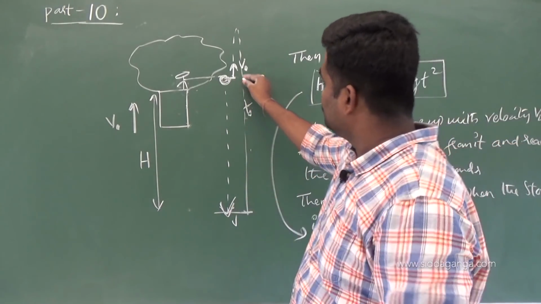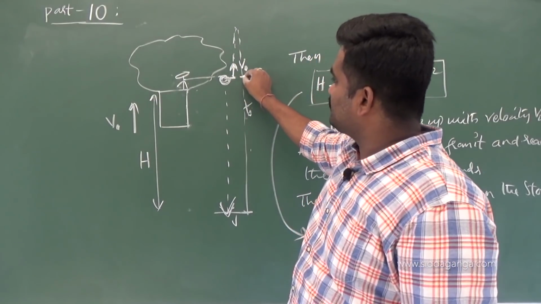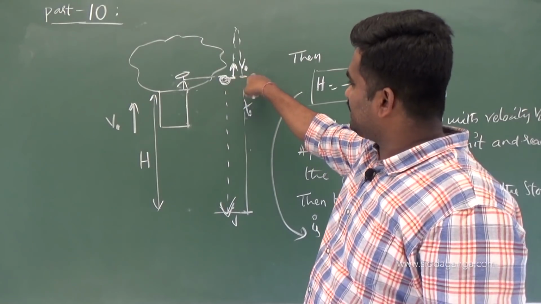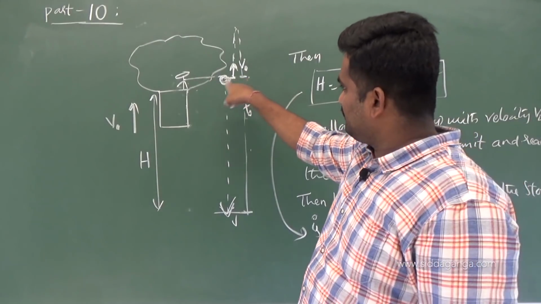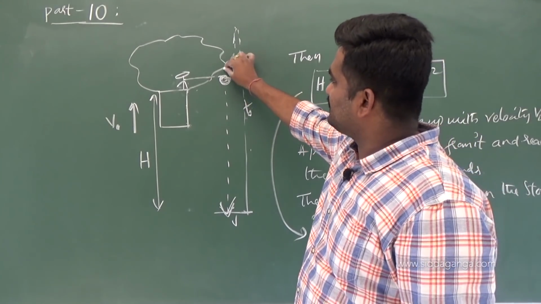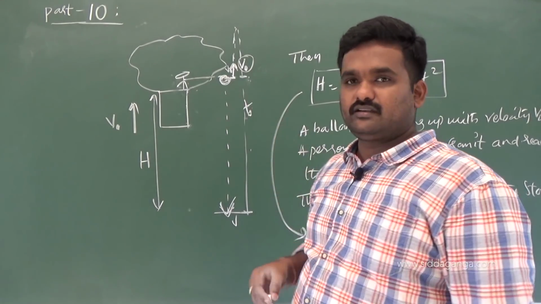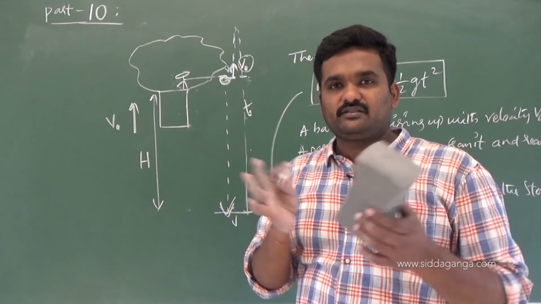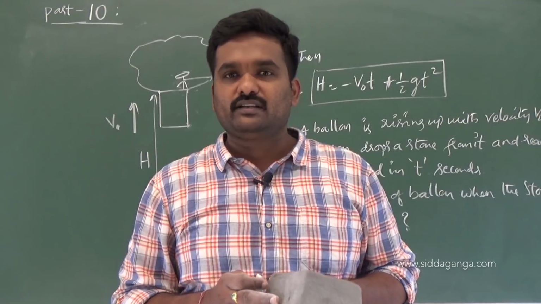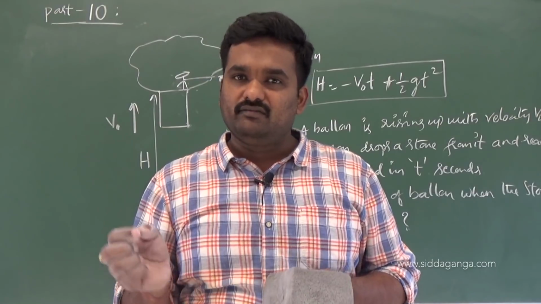It is all based on one point here: if it is thrown up with velocity v naught, goes there, and once again comes to the same height where it has been thrown, to the same plane of projection, the velocity will be the same as that with which it has been thrown, but in the downward direction. So that is one key point which we have to learn. Some points related to kinematics, we will call them shortcuts or tricks in solving certain problems.